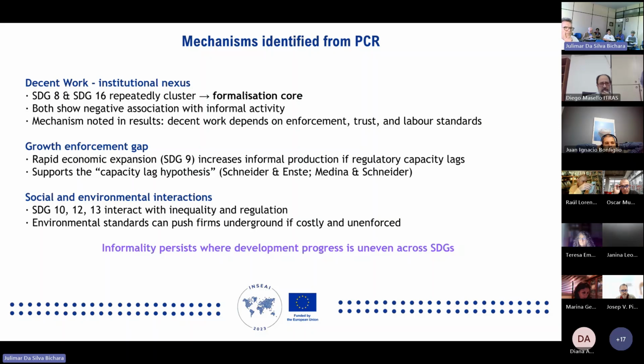The growth performance gap: we saw rapid economic expansion in SDG 9, and the one related to inequalities, would increase informal production if regulatory capacity lags. The findings also support the capacity lag hypothesis claimed by Schneider with Ernst and Medina with Schneider.